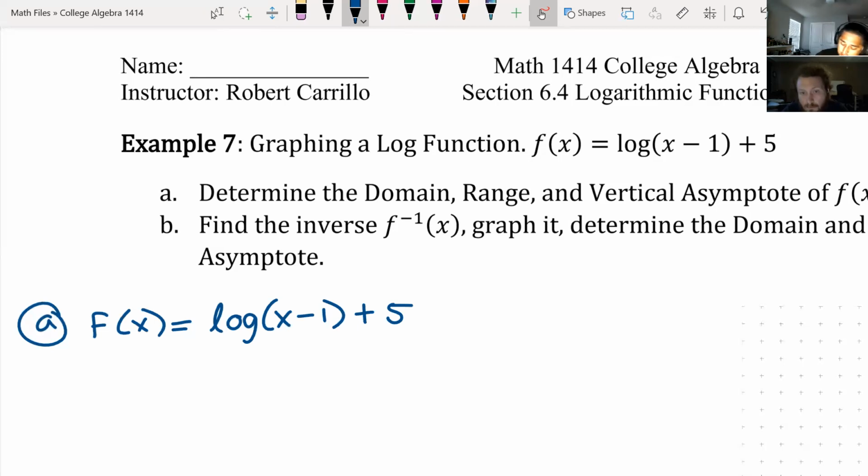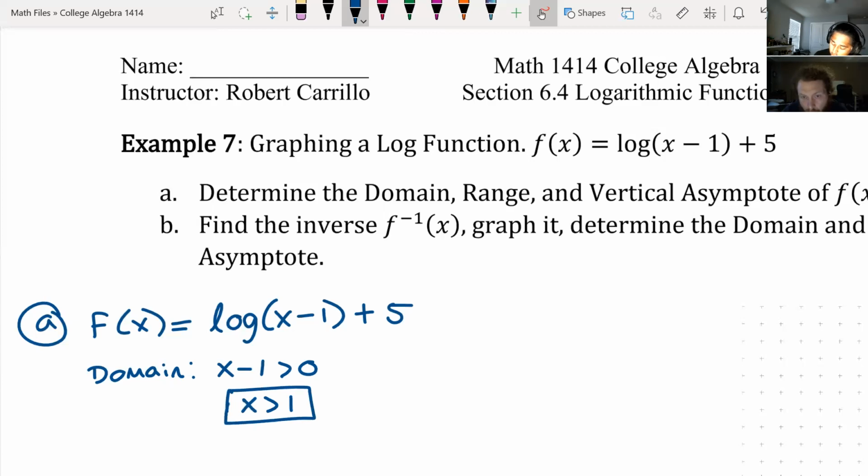Okay, so one thing we can find out already is the domain. For this log function, remember, you take whatever's inside the log and set it greater than 0. So you would get x minus 1 greater than 0, and your domain would be x greater than 1, or 1 to infinity.